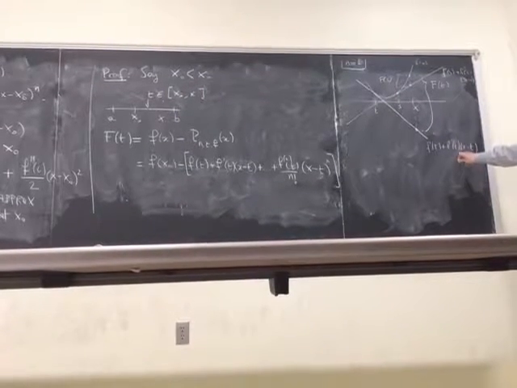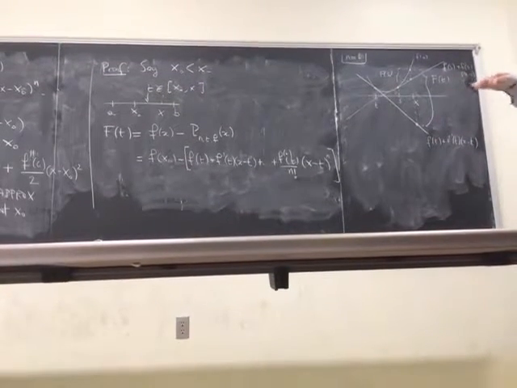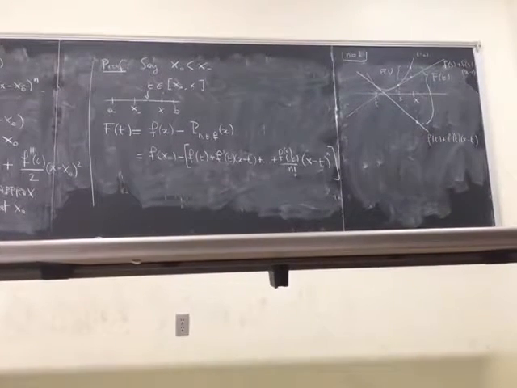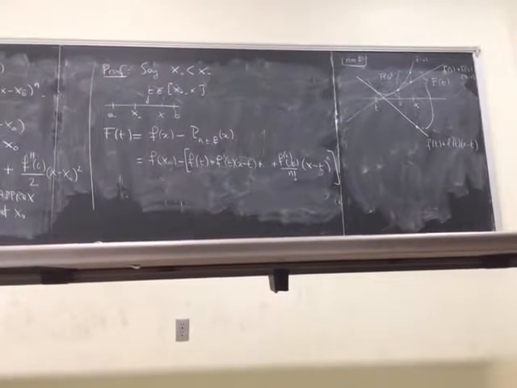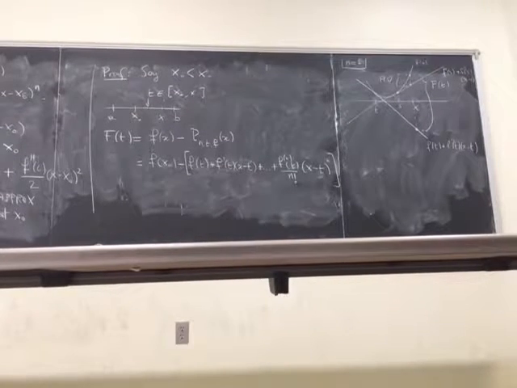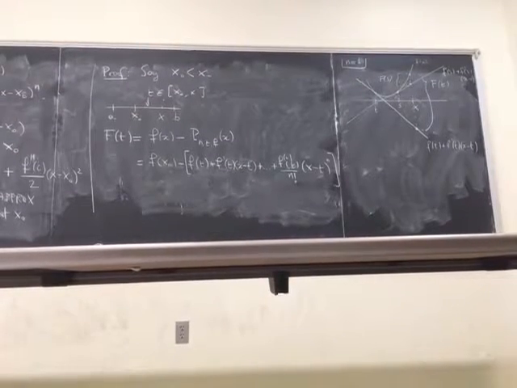The proof will actually work for Taylor approximations of any order, but for the purpose of drawing pictures, I think it's healthier to just stick to the linear one. But the argument is general.